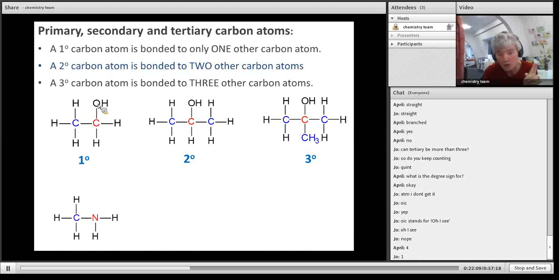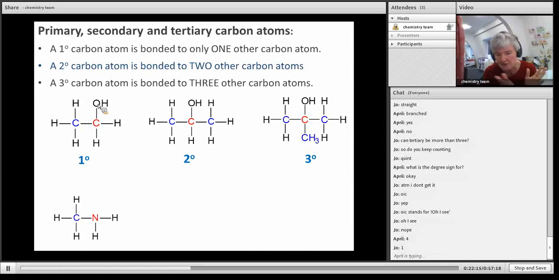The chlorine, 1. Okay, it's got the valency of 1. It's got 7 valence electrons, so it'll gain one, and so it's got a valency of 1. So it can only form 1 bond. So we can't have primary, secondary, or tertiary based on the chlorine, because the chlorine can only ever form 1 bond. So it doesn't matter where it is, it can only form 1 bond.